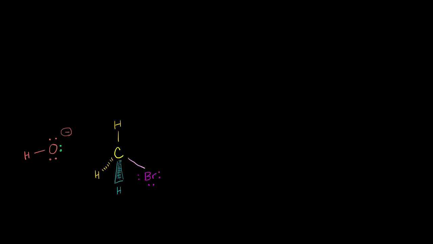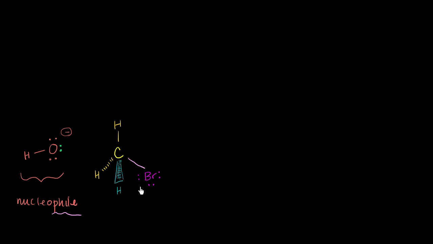And so in this reaction, we are going to refer to this hydroxide anion as the nucleophile. Nucleophile. Phile literally refers to things that something likes. This thing likes. It's a nucleus lover, I guess you could say. And so it might want to share maybe a pair of electrons with a nucleus.